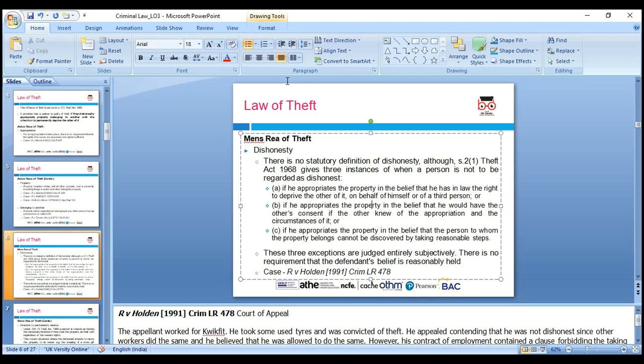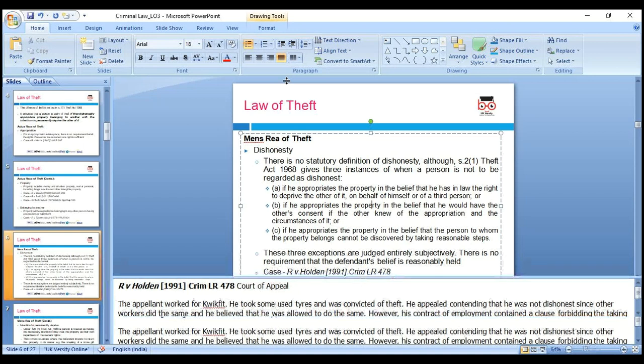There is no requirement that the defendant's belief be reasonably held. Held in the case of Quick Fit.